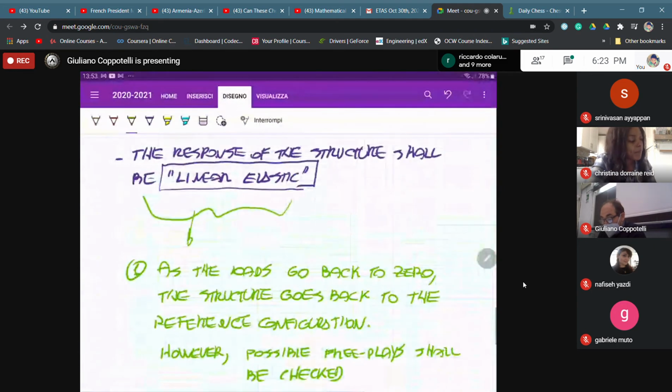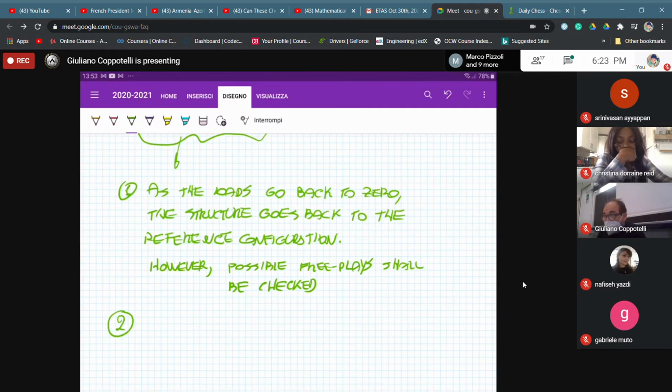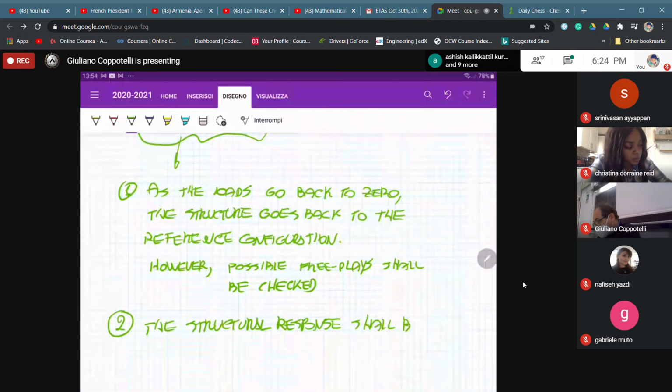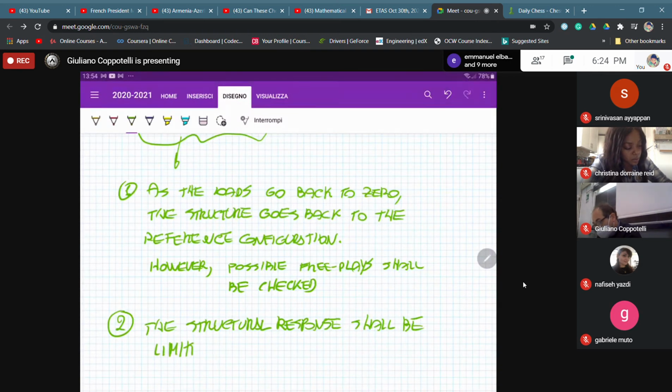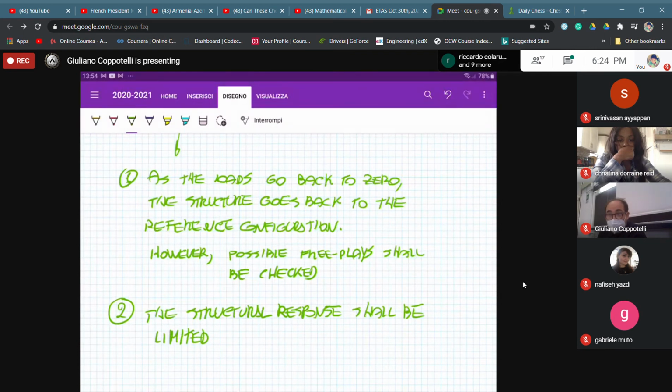Okay. The second discussion that we have to consider when referring to linear elastic behavior is that whatever will be your loading in the limit load factor test, your elastic response should be limited. Okay, although we are removing the loads and the structure goes back to the reference condition, we have also to check that locally all the responses are limited, and that is very, very important from the aeroelastic point of view.